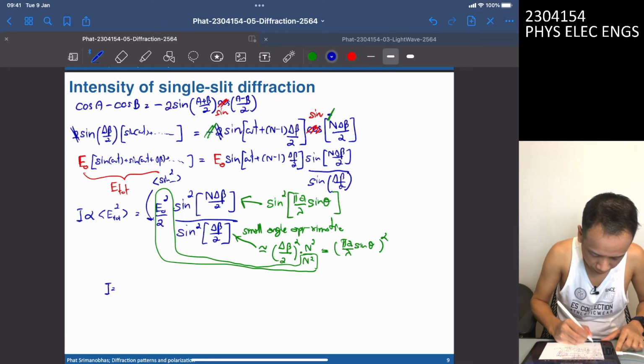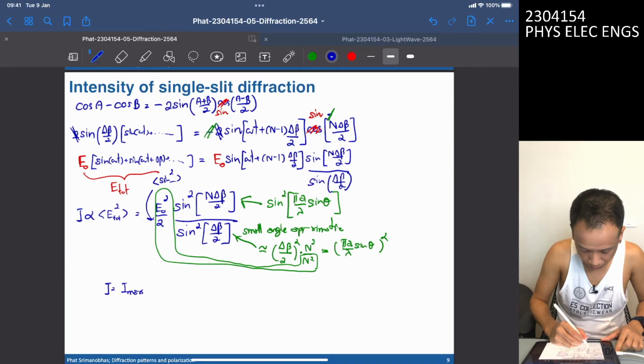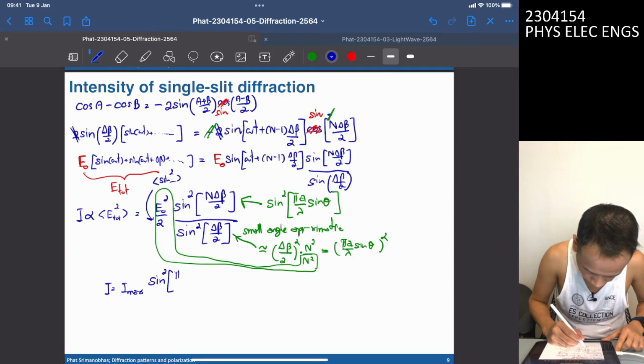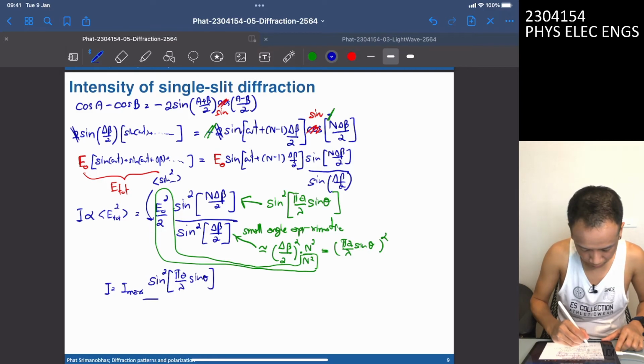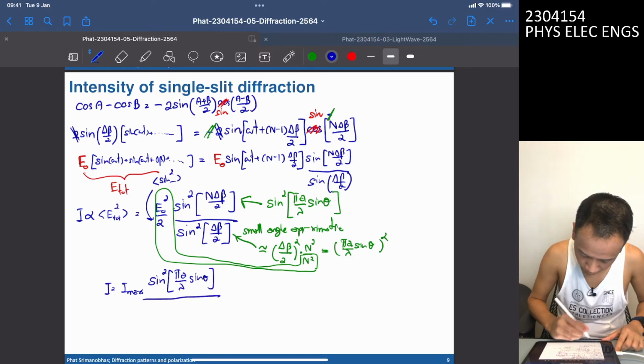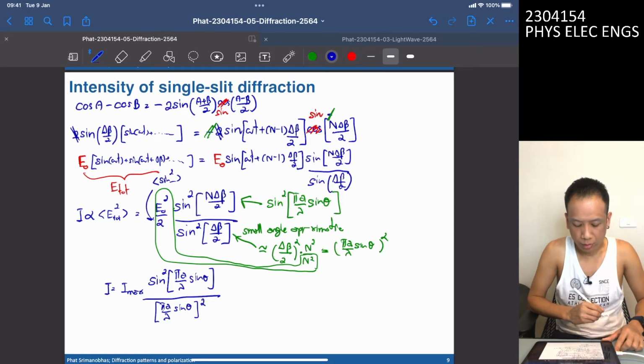You're going to get I equal to I max, and then the numerator term is sine squared of pi a over lambda sine theta, and the denominator term will be pi a over lambda sine theta to the power of 2.